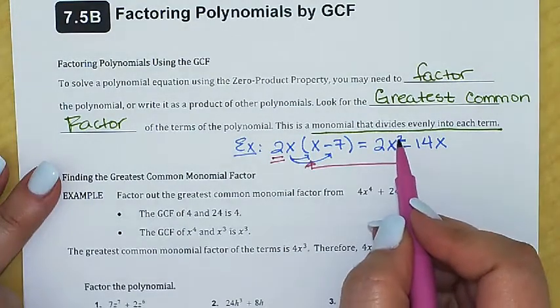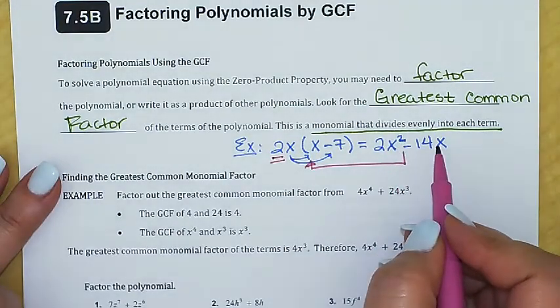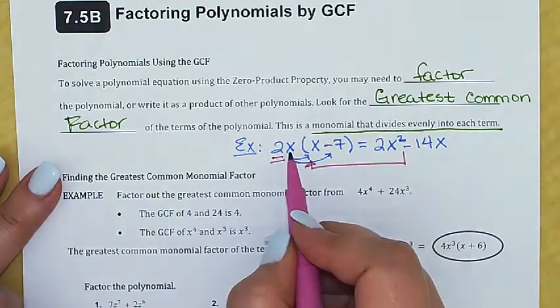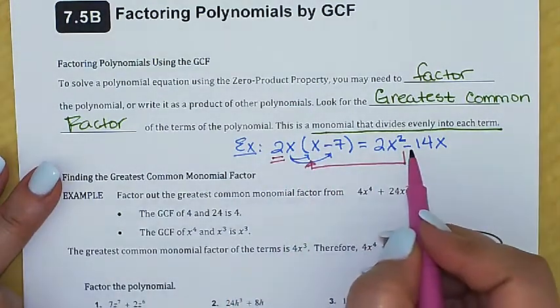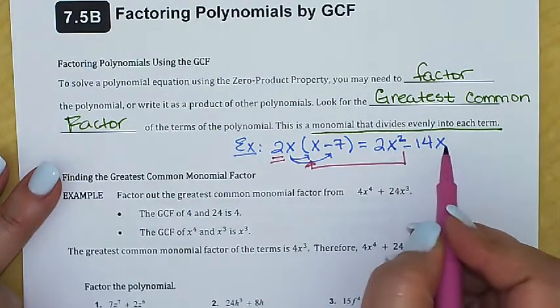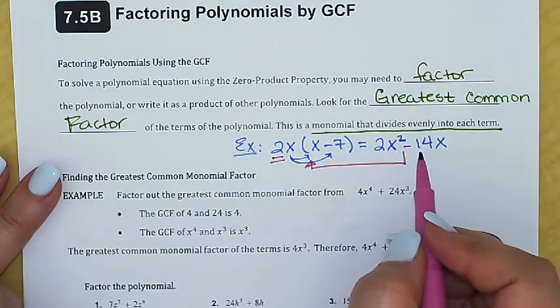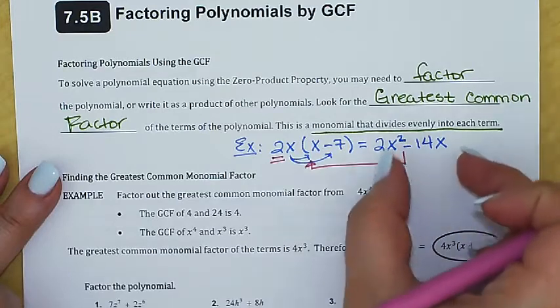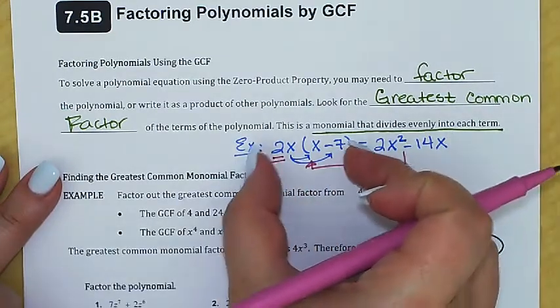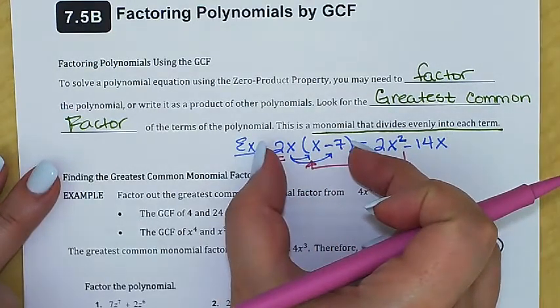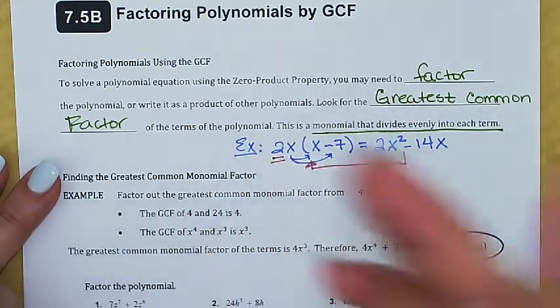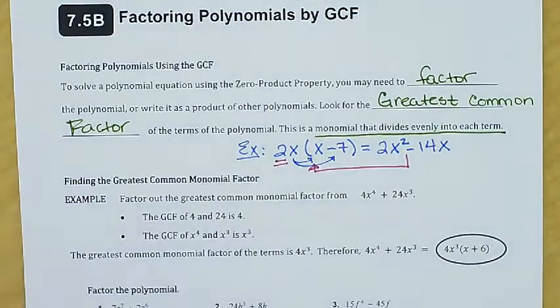And then as far as x's, how many x's do these have in common as factors that we can factor out? It's only one x. This one has 2 x's, this one only has 1, so together they only have 1 x in common. And so if we go from here to this, that is called factoring by GCF. It's basically the reverse of the distributive property.